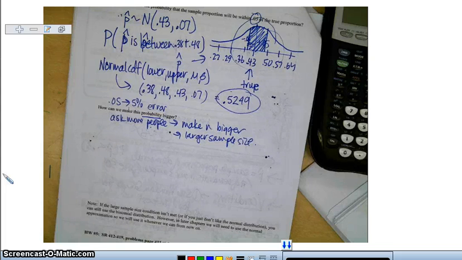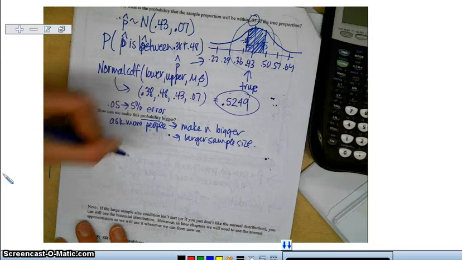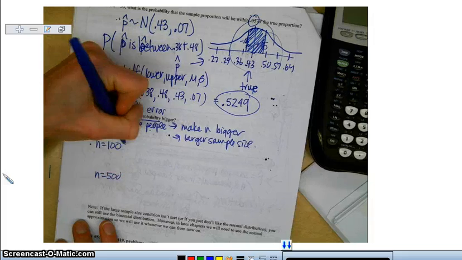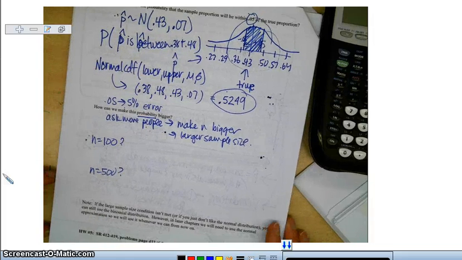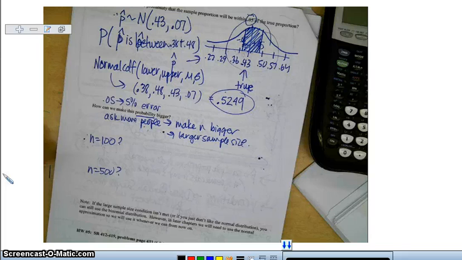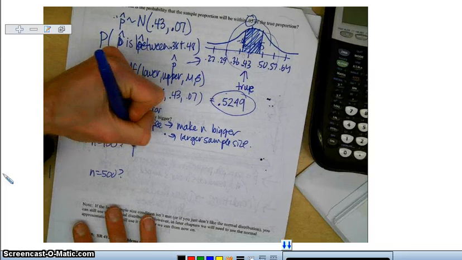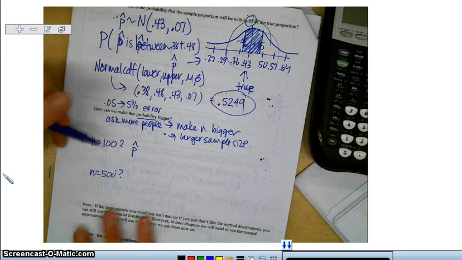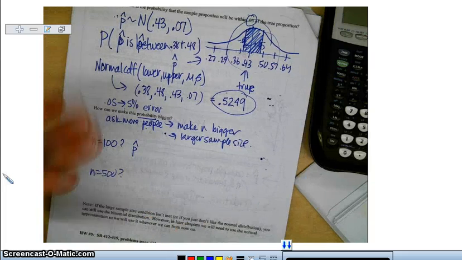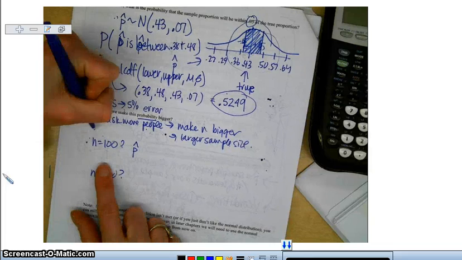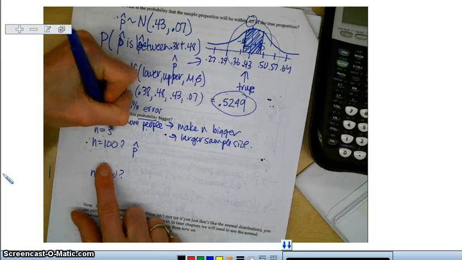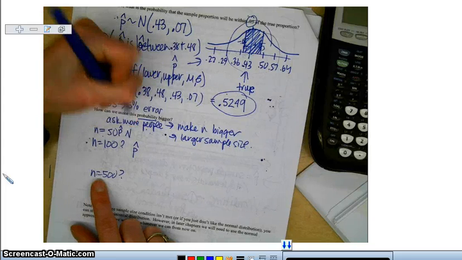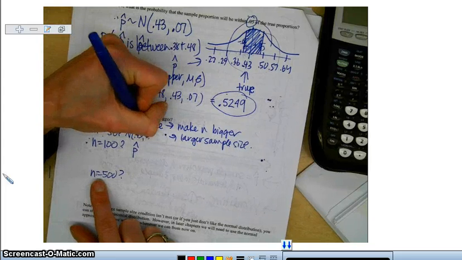So if we just take a look at a couple of things, what if n was 100? What if n was 500? Okay, if n was 100, here's what would happen. I'm just going to do this real fast. If n was 100, p hat would be different. Both of these are going to work: n times p and n times q are going to be greater than 10. All the conditions will work. But what was n before? 50. And we had that n was 50, and then we got that p hat was normal 0.43 comma 0.07.